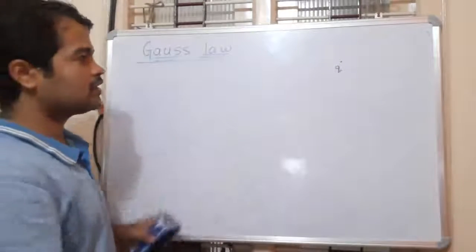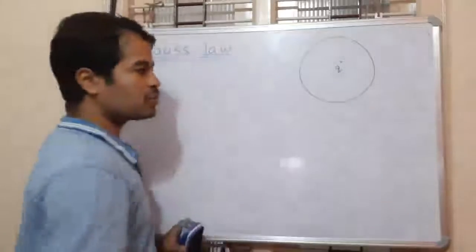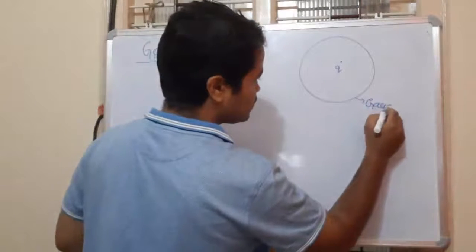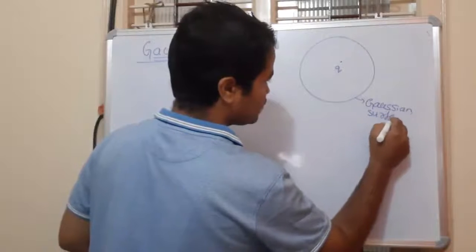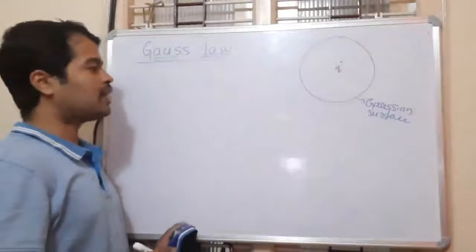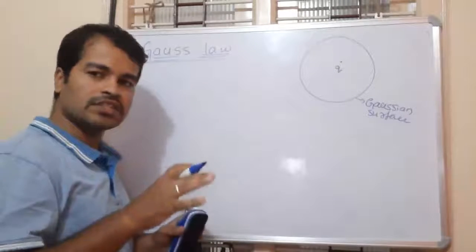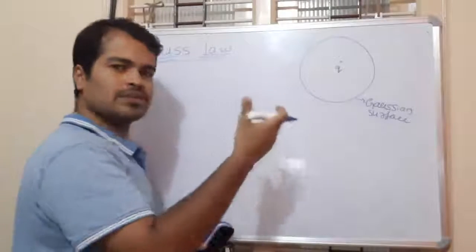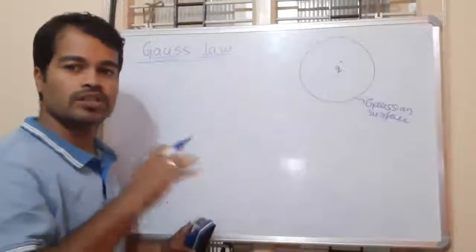In order to understand this, we have to consider some area. In order to find electric flux using Gauss law, we need to construct a simple, symmetrical area, and that is what we call a Gaussian surface.